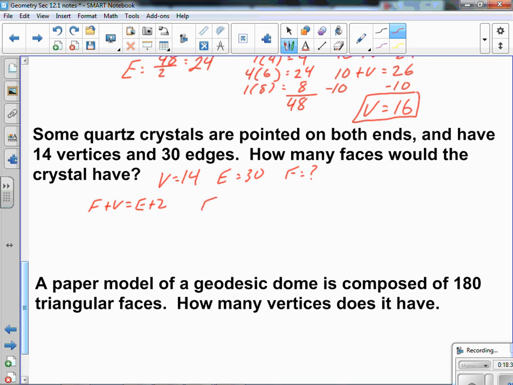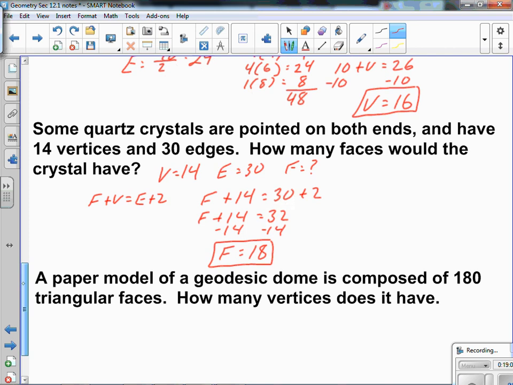So F plus 14 is going to equal 30 plus 2, so F plus 14 will equal 32. Subtract 14 from both sides, and our F will be 18. So 18 faces in that quartz crystal.